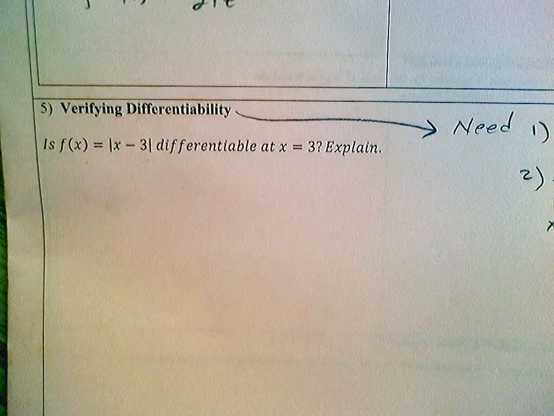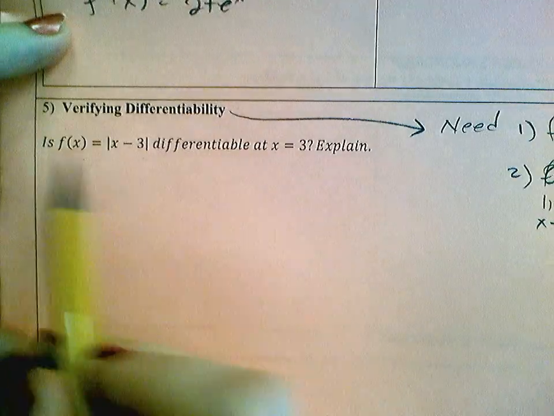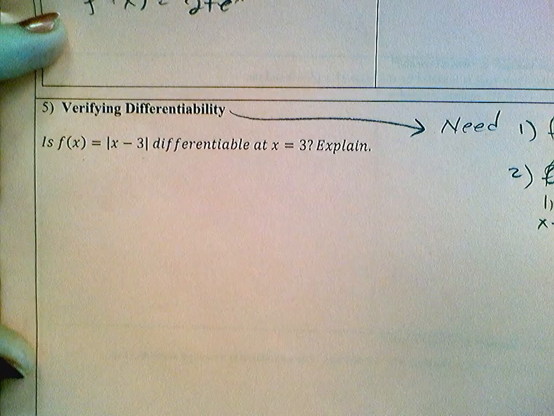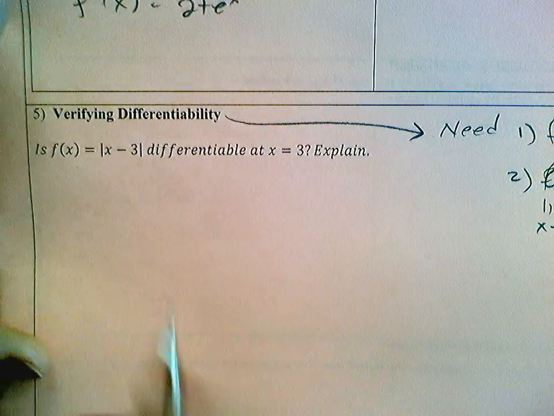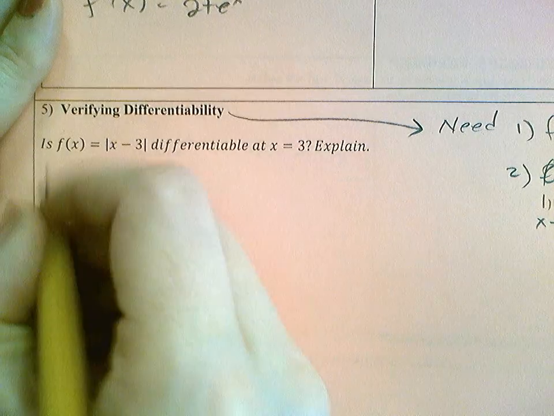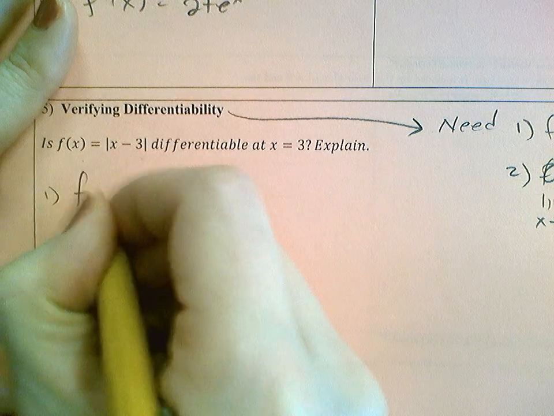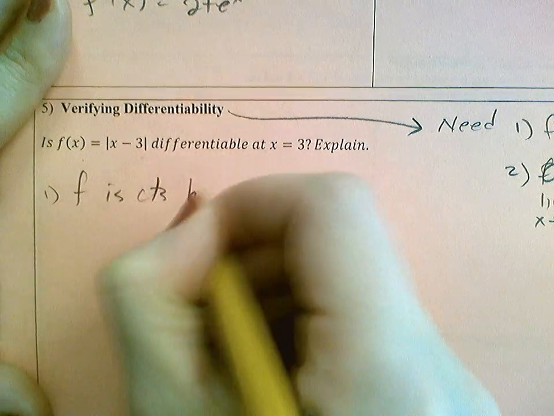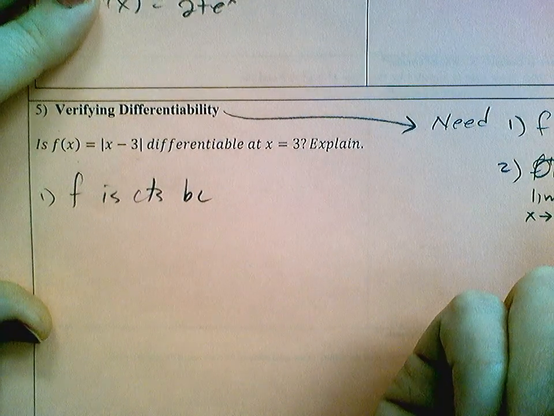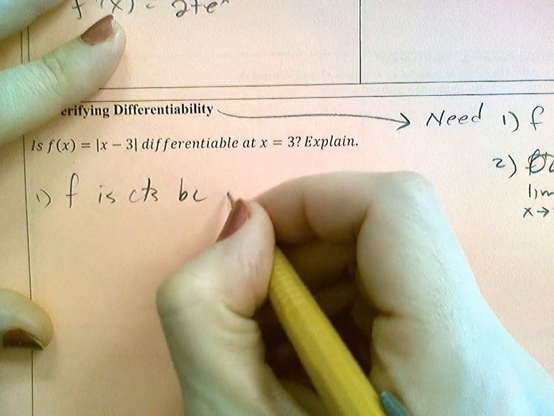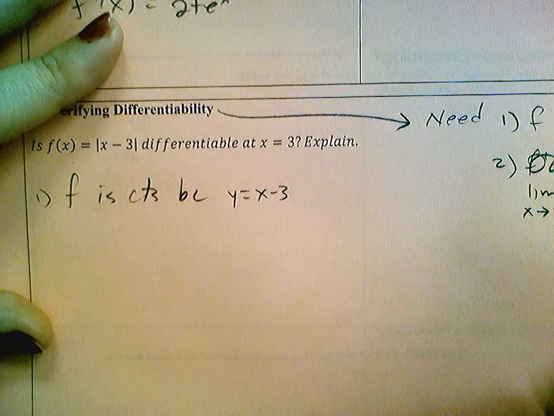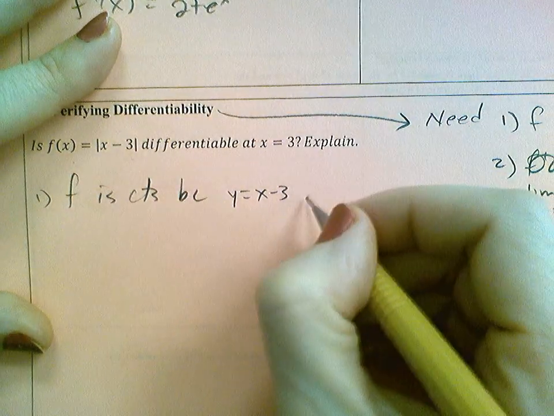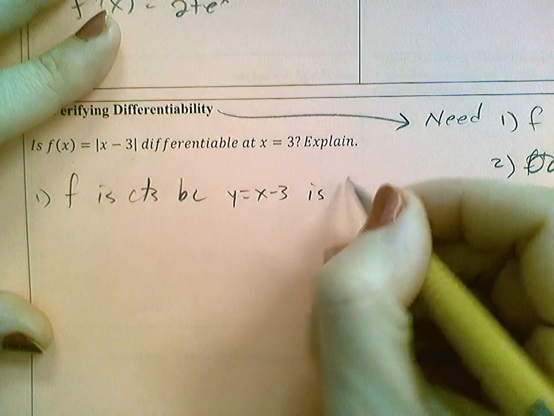Okay, so first of all, guys, if it's something like this, I know there's the 3 conditions of continuity, but you don't even have to check it. Because if you can explain in another way that this is continuous, then you're good. So I'm going to explain it this way. I'm going to say f is continuous because y equals x minus 3 is, what is it?